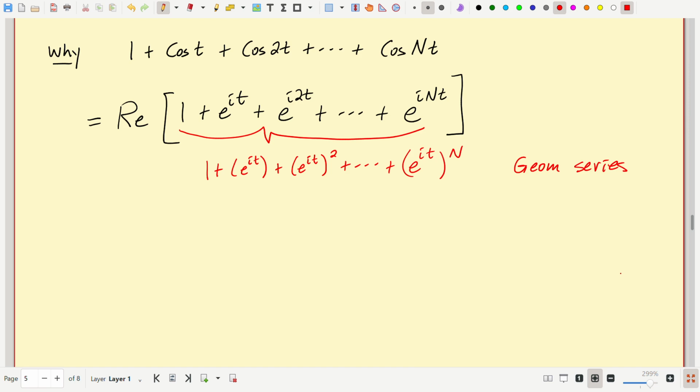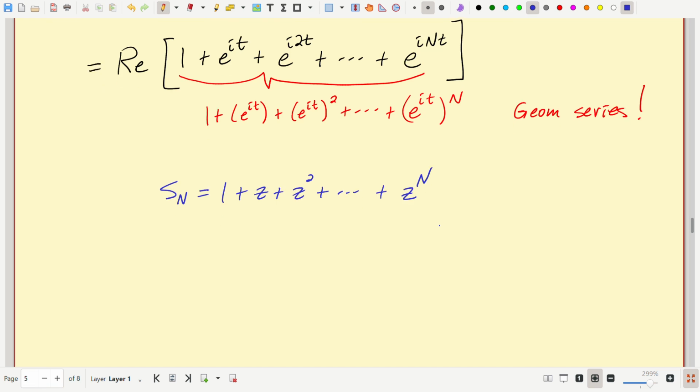So let's think, let me see. That's a geometric series, exclamation point. And geometric series satisfy this famous thing. Let's write S sub n is 1 plus z plus z squared plus etc. plus z to the n. That's the nth partial sum of the geometric series.